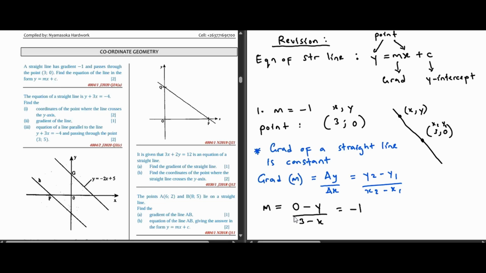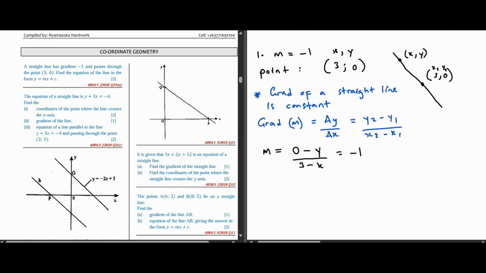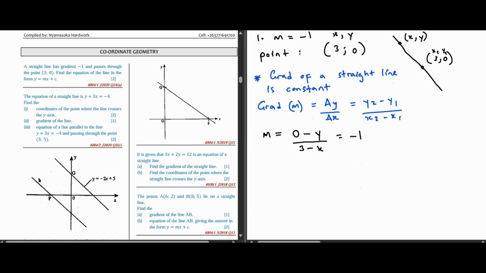Tasvika tese. Saka tadai so tinenge takungoti 0 minus y over 3 minus x iri equal to minus 1. Then of course 0 minus y inongosara iri minus y over 3 minus x is equal to minus 1.